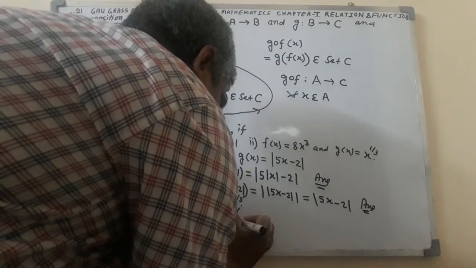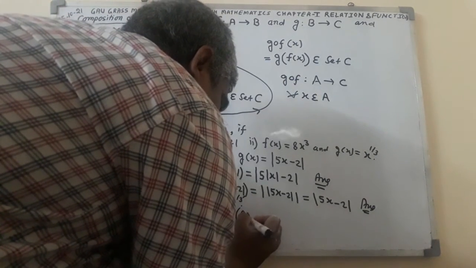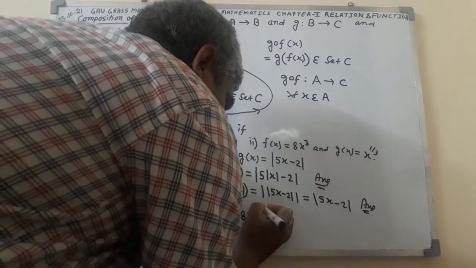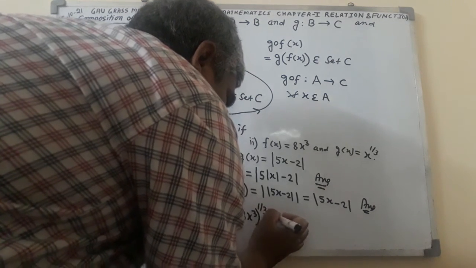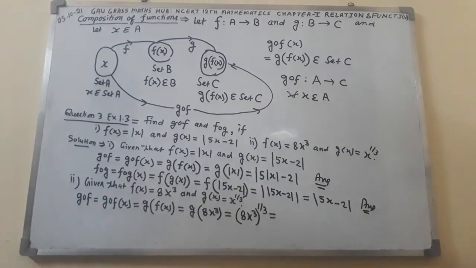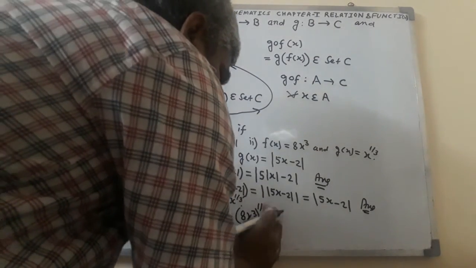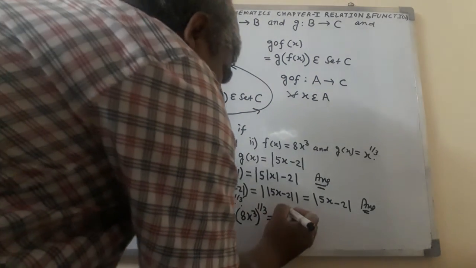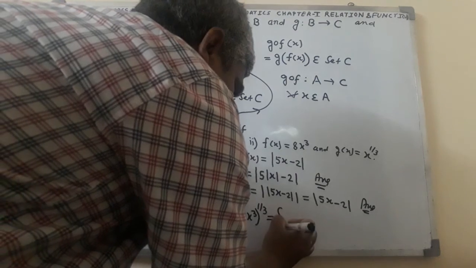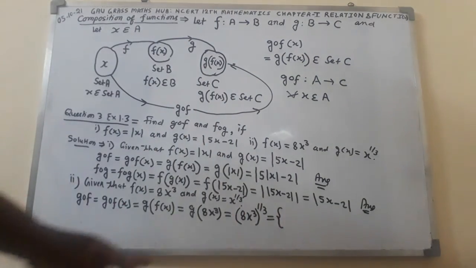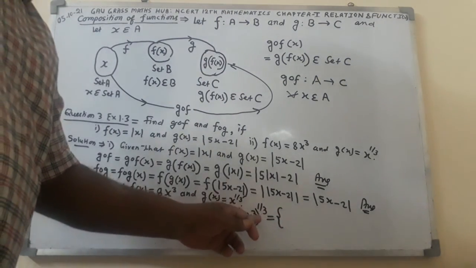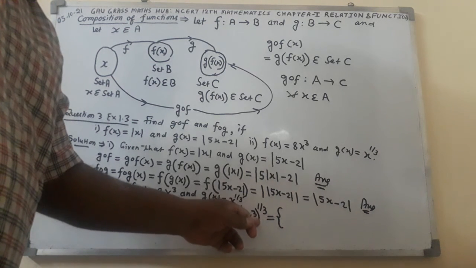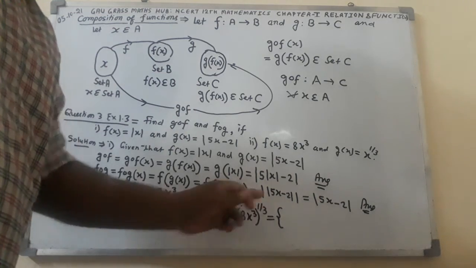So here write 8x cube raised to the power 1 over 3 equal to, open here curly bracket, 8x cube whole raised to the power 1 over 3.